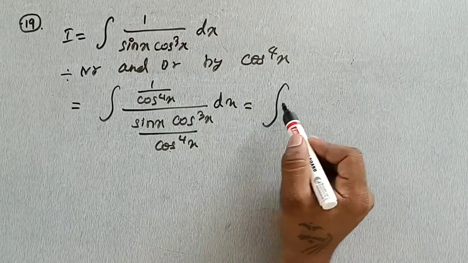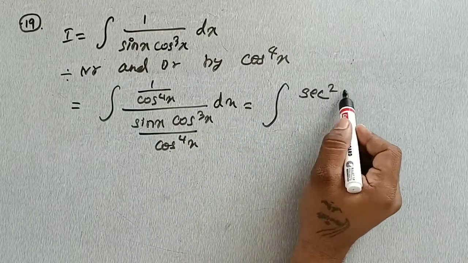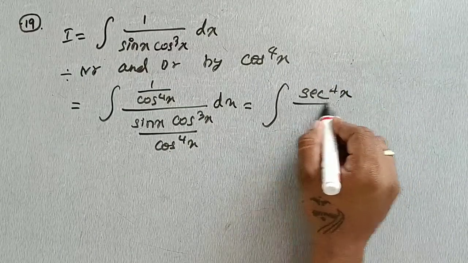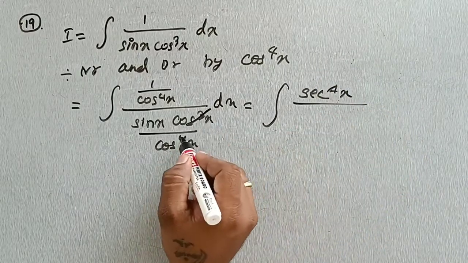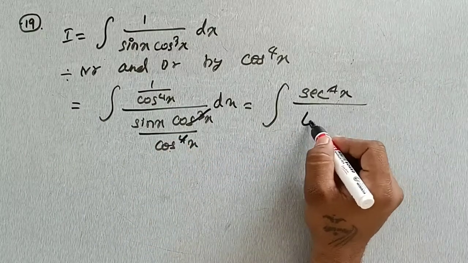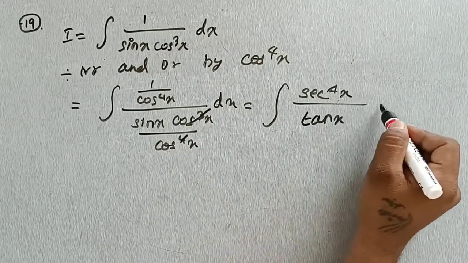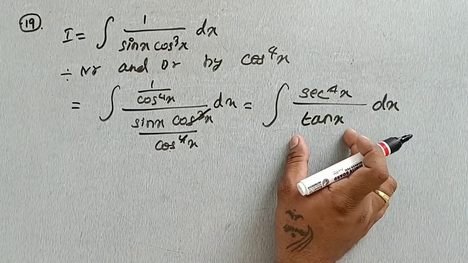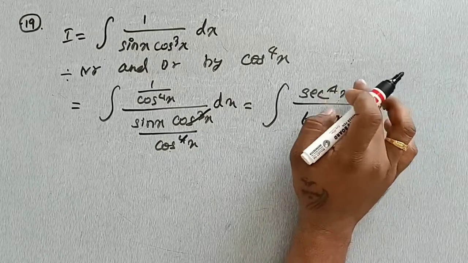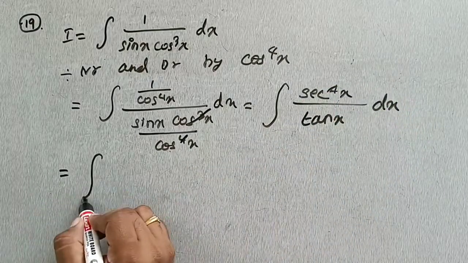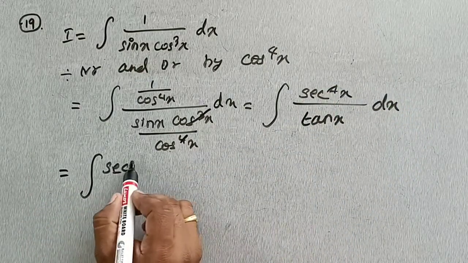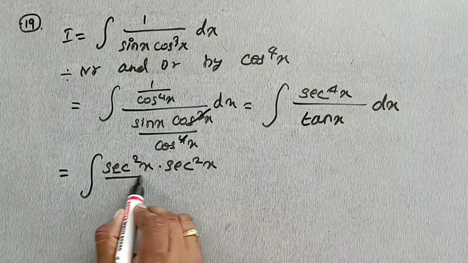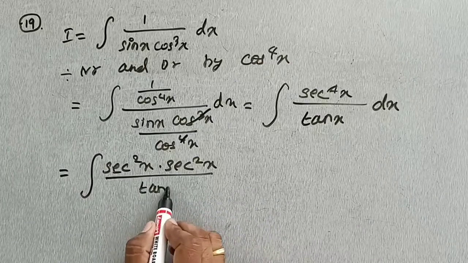So the numerator will be written as secant power 4x divided by, here cos cube and cos will cancel, and sin by cos equal to tan x will come. Now if we take t equal to tan x, we need secant square alone. So one of the secant squares will be remaining, so I am splitting that now. So secant square x into secant square x divided by tan x.